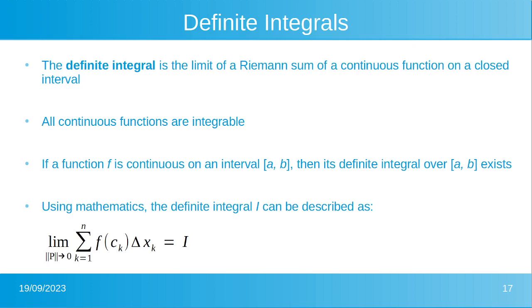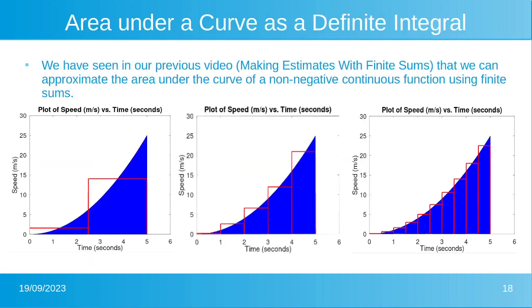Using mathematics, the definite integral can be described as the limit as the norm of the partition approaches 0 of the sum from k equals 1 to k equals n of f of ck multiplied by delta xk. And that is the definite integral.